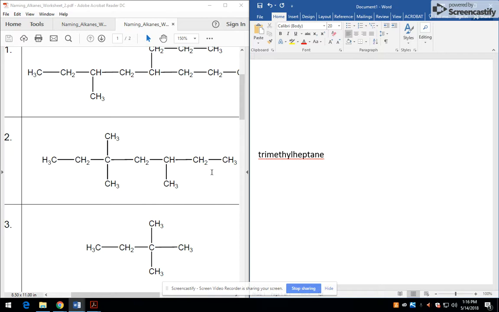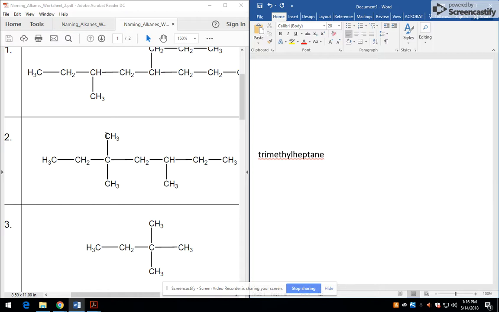You have to tell the reader where those methyl groups are. So let's see, we have the 7 carbons right here, and you can draw a line right through all these. We either can start counting 3, 3, 5, or 3, 5, 5. So what's your choice? Go with the lower numbers, and you have to tell me where each group is.